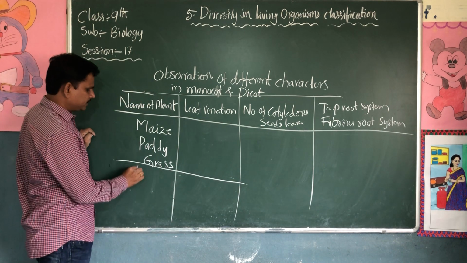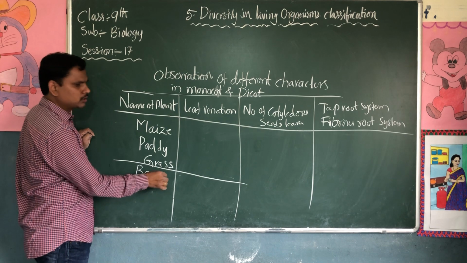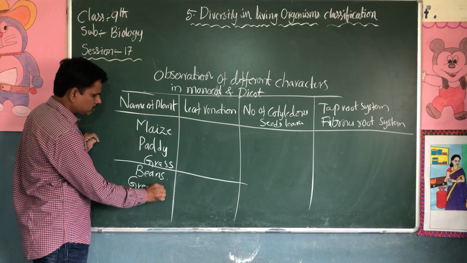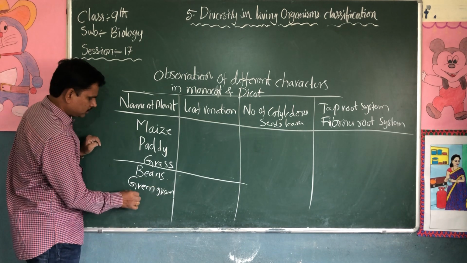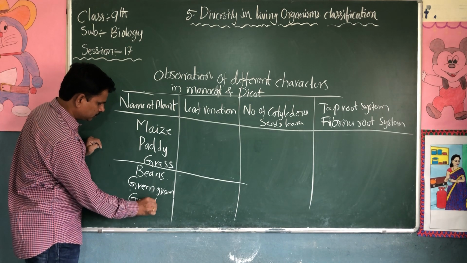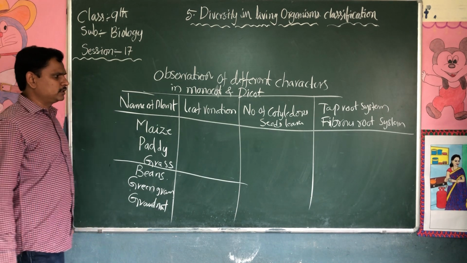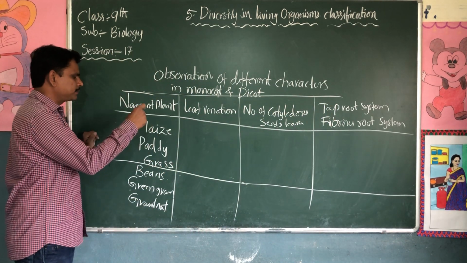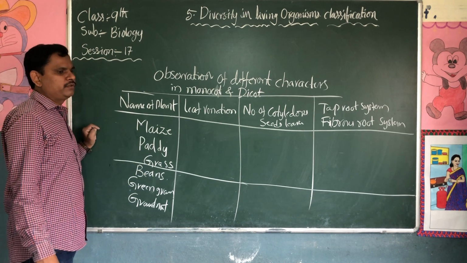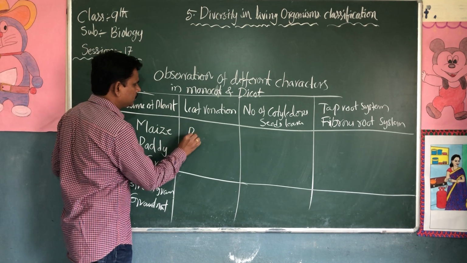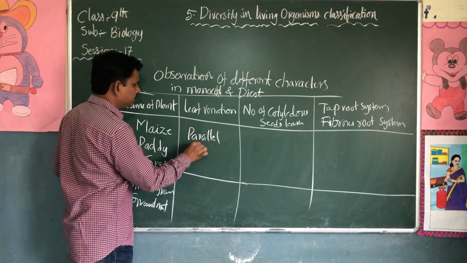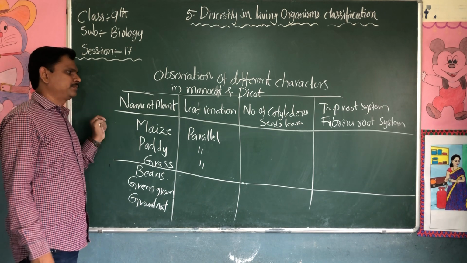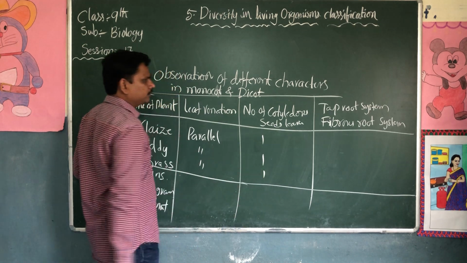Next is beans, green gram and groundnut. So maize, paddy and grass have parallel leaf venation. The number of cotyledons is 1.